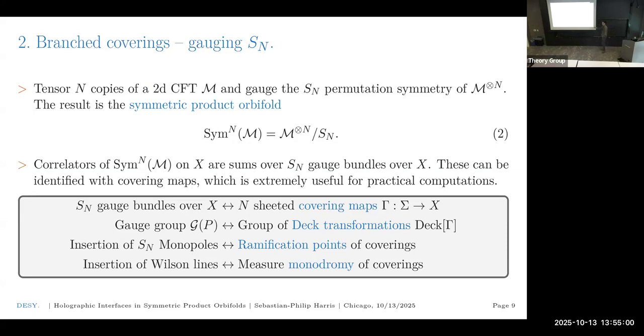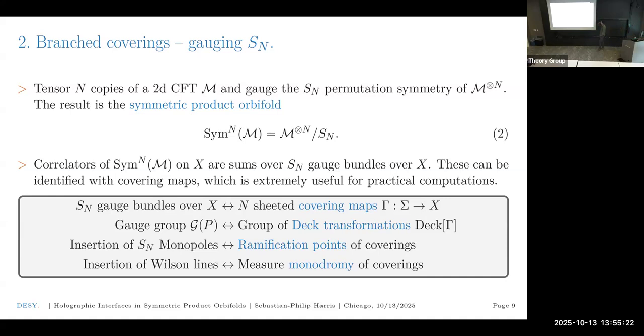And when you do computation in the symmetric product orbifold, as usual in gauge theory, the evaluation, say, of some correlation functions will, of course, involve some sums over S_N gauge bundles over the Riemann surface X on which you let your theory live.